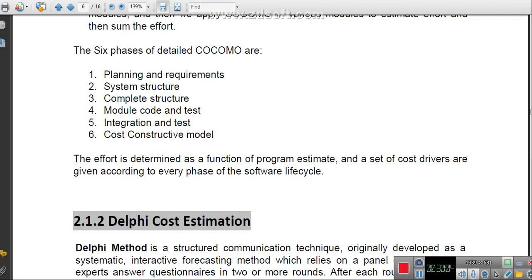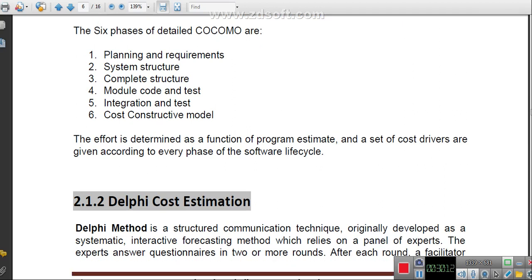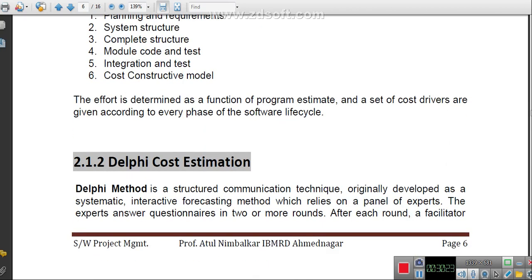So it may be a cost, it may be efforts, or it may be the time required to complete that particular project. So the effort is determined as a function of program estimate, and a set of cost drivers are given according to every phase of that particular software life cycle.